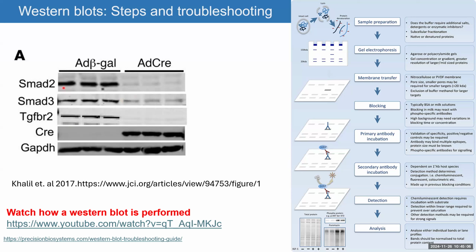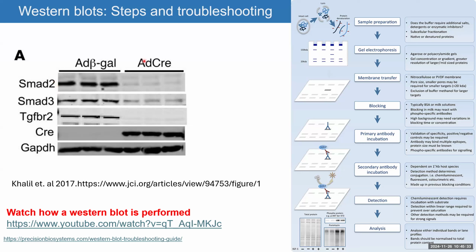And then in this one, for example, the antibody is against SMAD2. And you have the two conditions. Recall, and I'm trying to explain this to you because this is important for your assignment, the idea is I had floxed SMAD2. And so around some exons in SMAD2, there is a LoxP site.